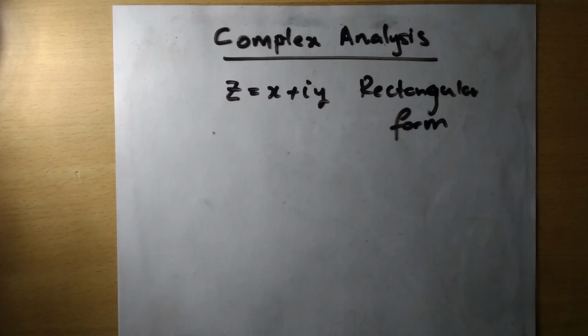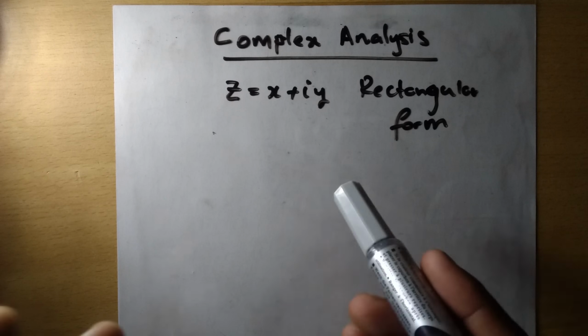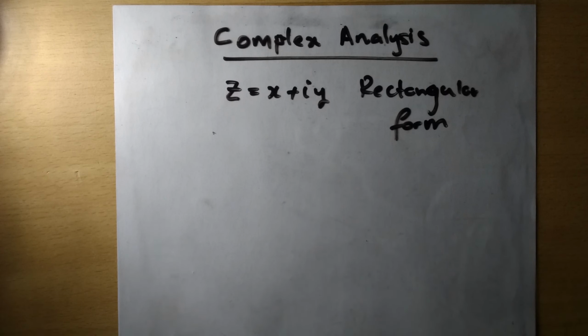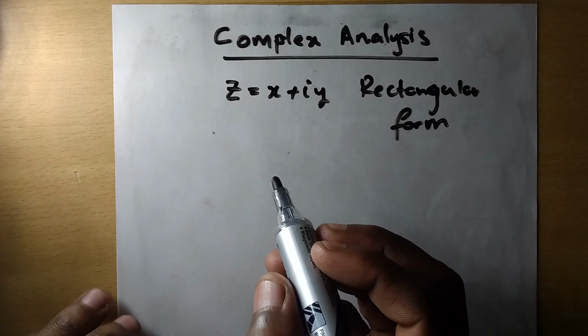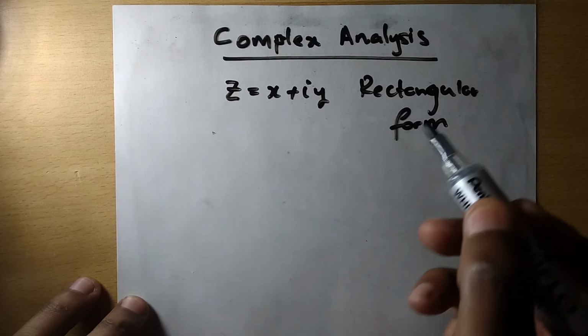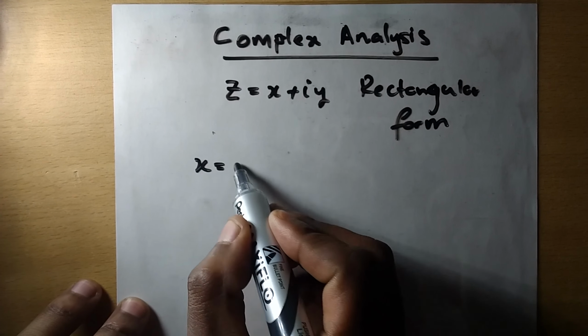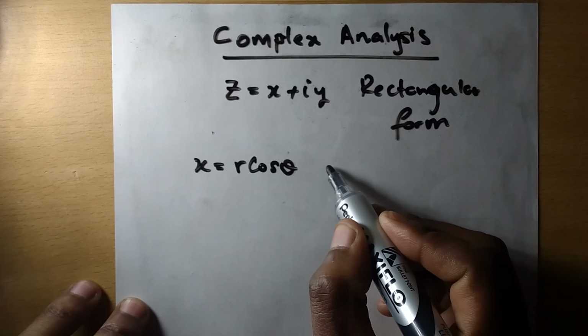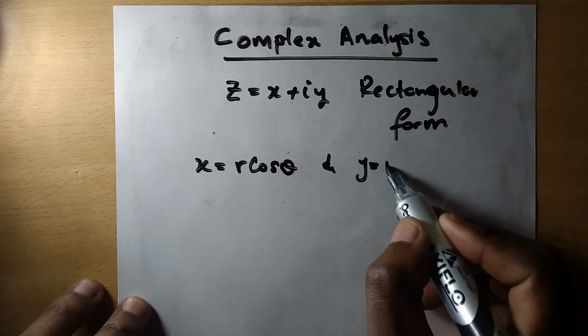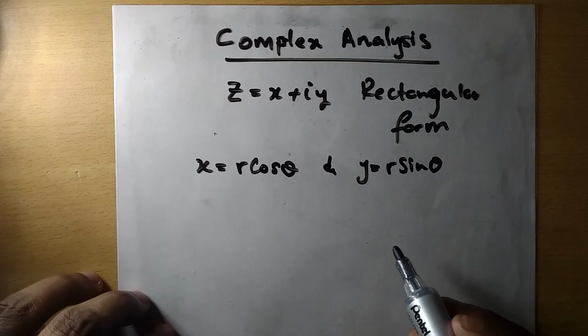Now I'm just interested in changing this from rectangular form to exponential form. There's a relationship between the rectangular form: x is equal to r cos theta and y is equal to r sine theta.